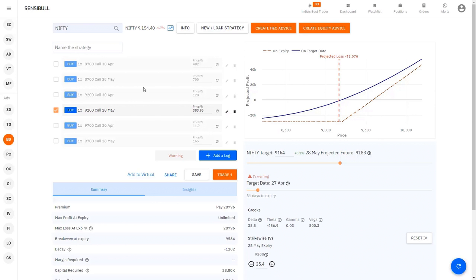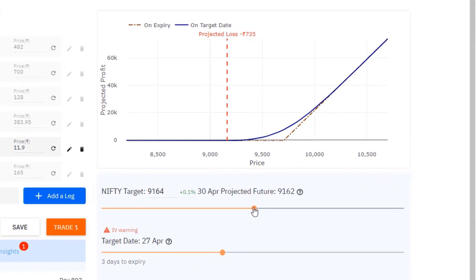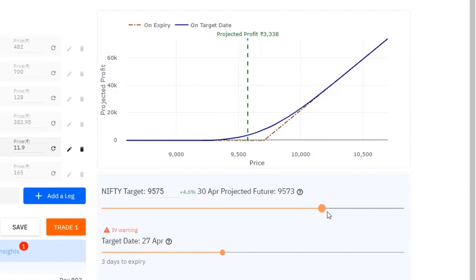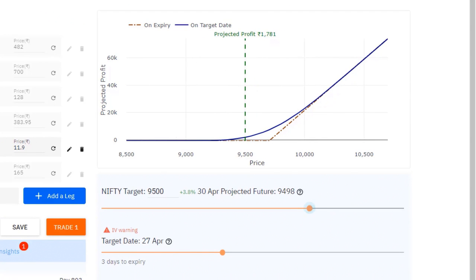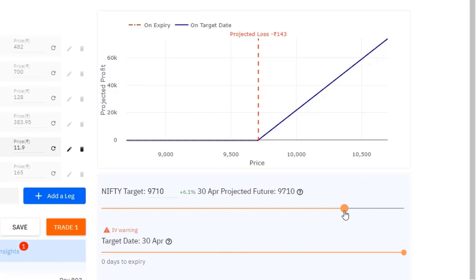So if you look at this option, let's say this 9700 April option, what are the odds that Nifty is going to cross 9700 in the next 4 days? Very low, right? On expiry day, it's not going to cross 9700 in all probability, because it's a 6% move we are looking at. That is unlikely.